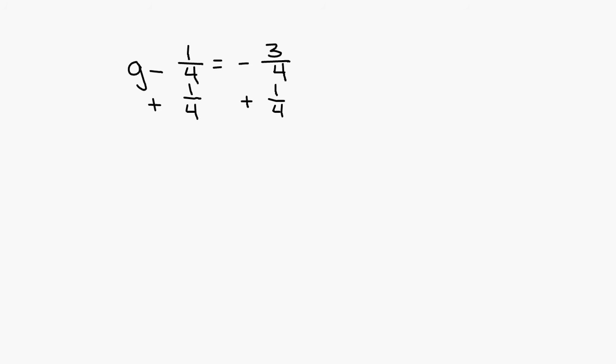Real important that you do this one with me in the calculator. The g is going to fall straight down. Equals. In the calculator, you're going to type 3 fraction button 4 and the negative symbol. And you should have a negative 3/4 in your calculator. And then plus 1/4. And hit equals. What's that? I got negative 1/2. You should have negative 1/2.